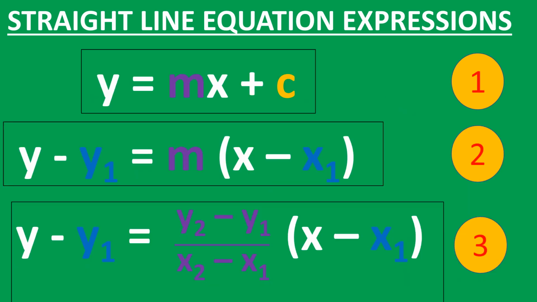We have three straight line equation expressions in summary for the purpose of this video. And the recap is simply the first one being y equals mx plus c, and it is called the slope intercept form, the slope being m and the intercept, which is the y-axis intercept, being c.